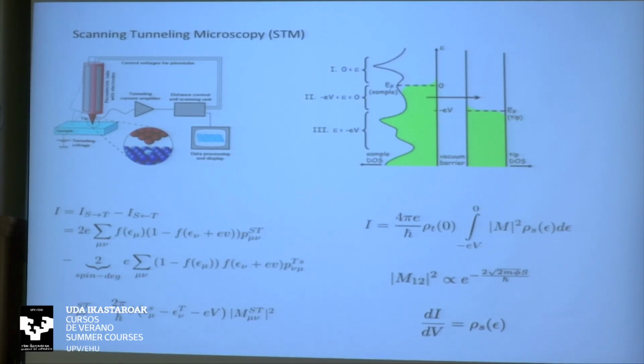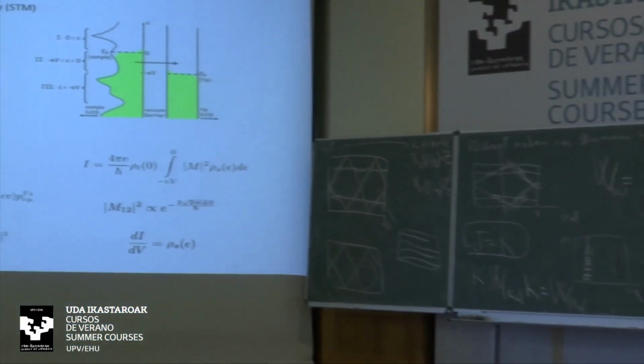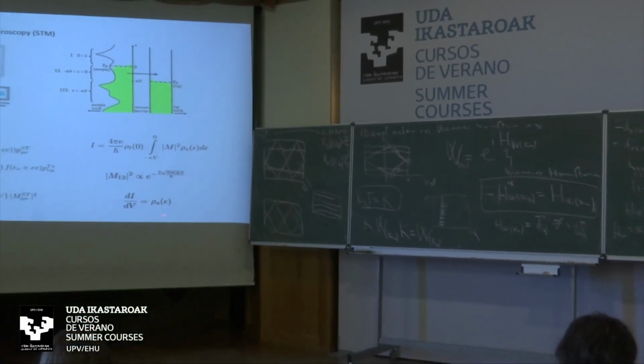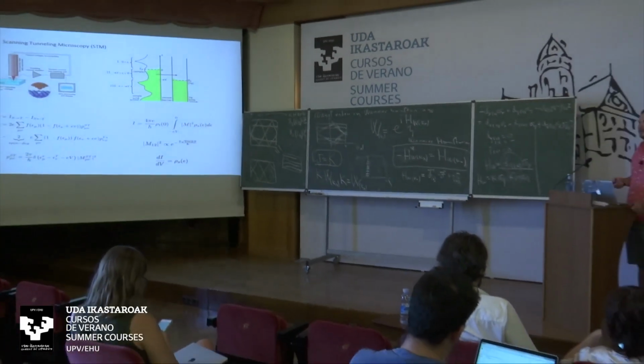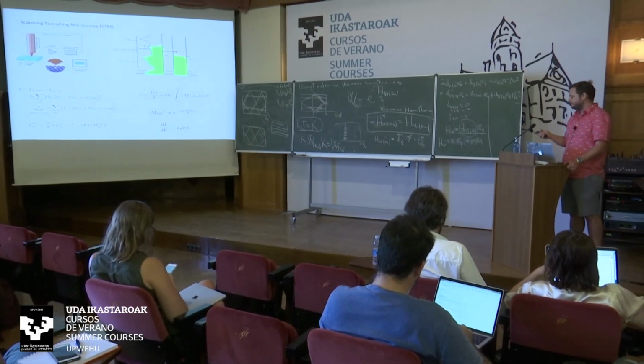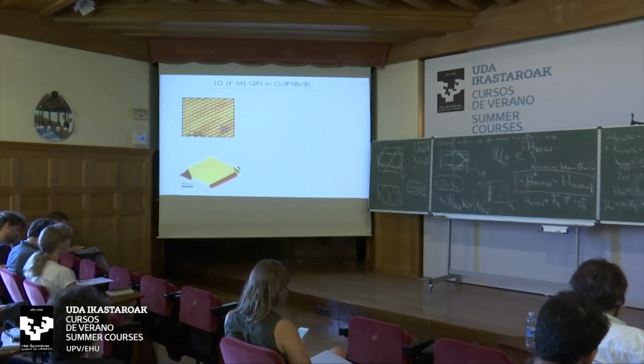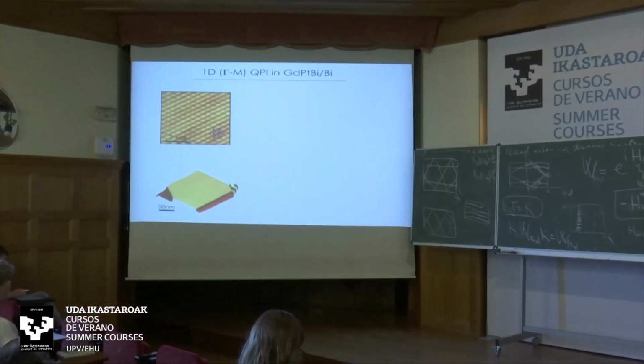So we measure topography by monitoring the IV current, the integrated density of states, and the differential conductance tells us about the local density of states, energy and space resolved. These are the knobs that we have, and let's move to looking at bismuth.